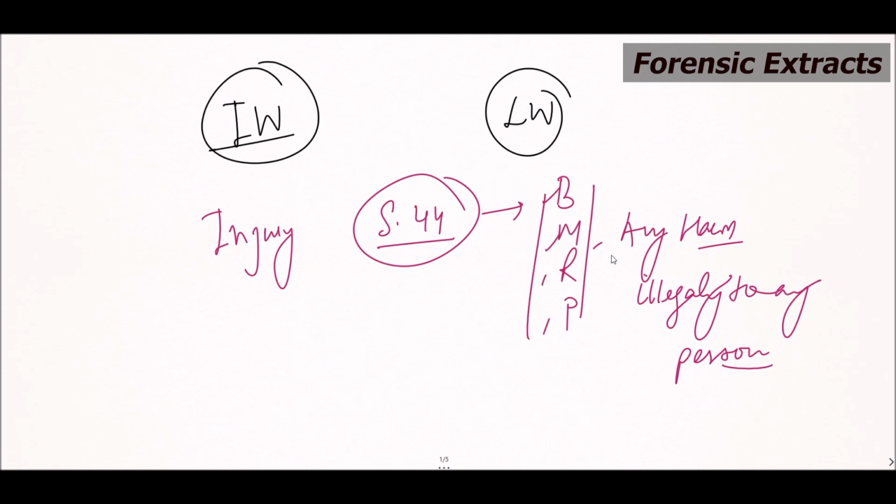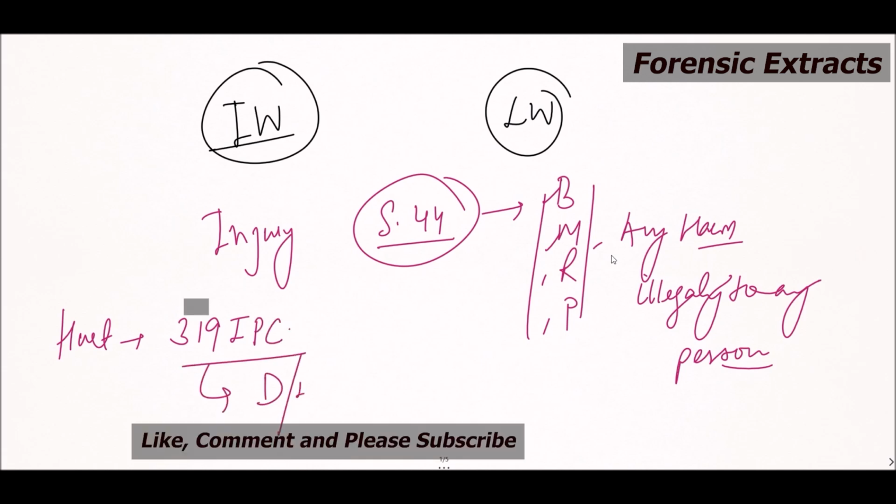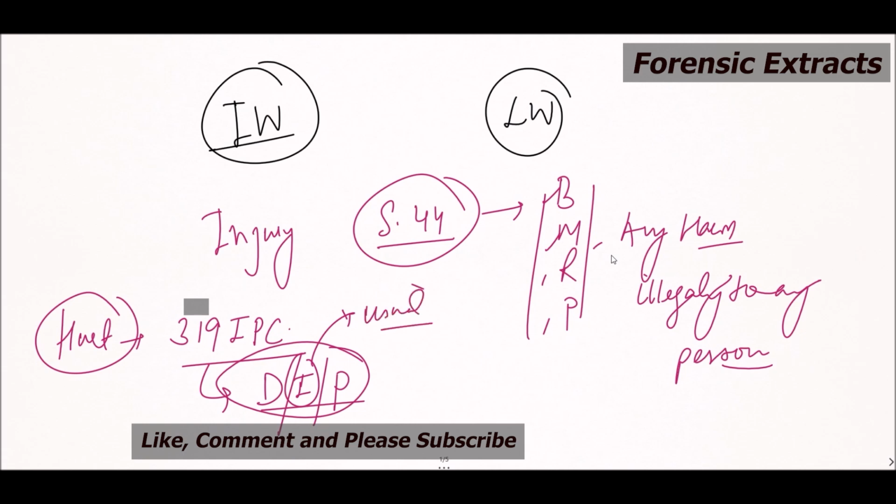And what is hurt? Hurt is defined in section 319 of the Indian Penal Code, that says that causing disease, infirmity or pain to anyone is hurt. And what is the meaning of infirmity? Infirmity means not able to perform usual functions.